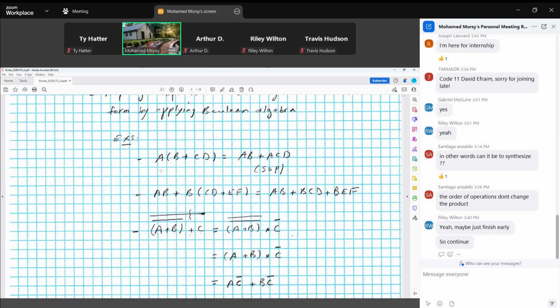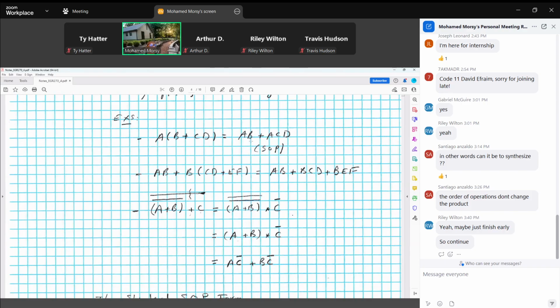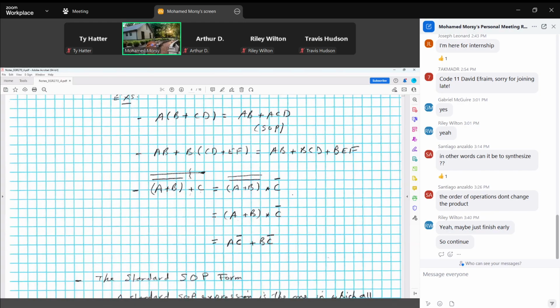Like this one here, A multiplied by B plus CD. Definitely this is not sum of products. So we need to convert it. We multiply A times B, then plus ACD. So we have two product terms, and they add. So this is sum of products.